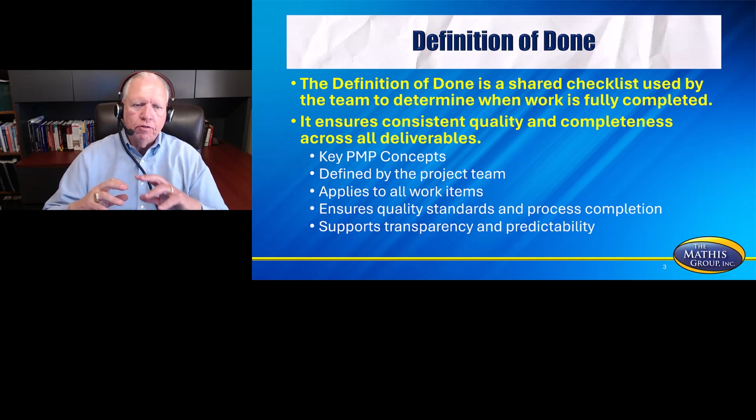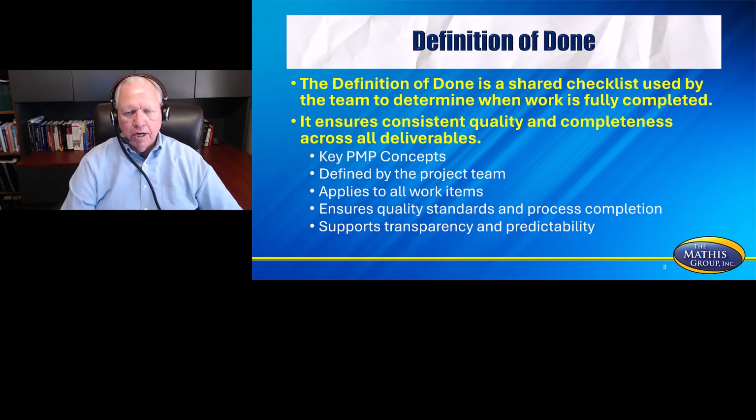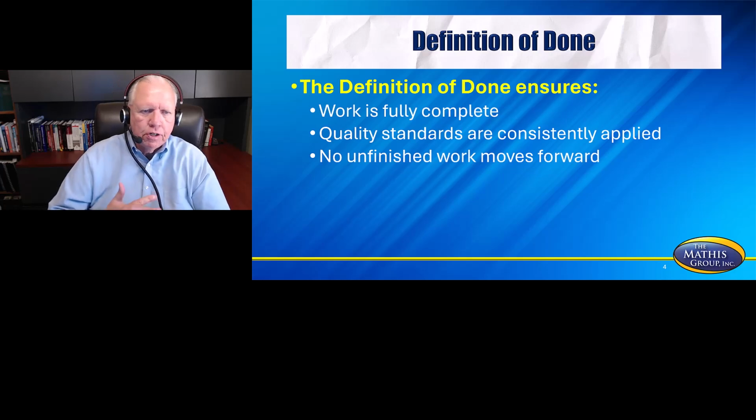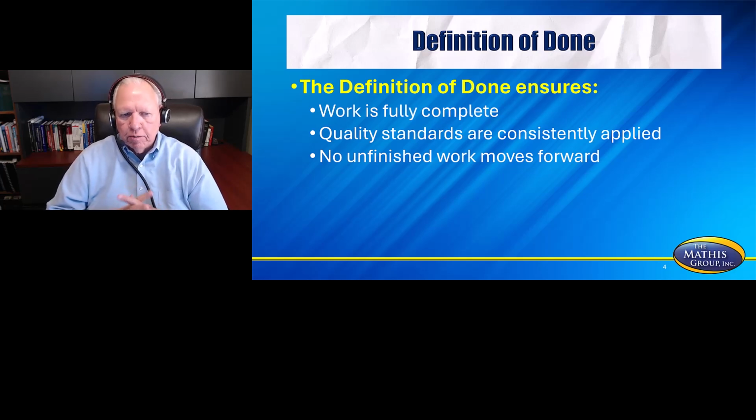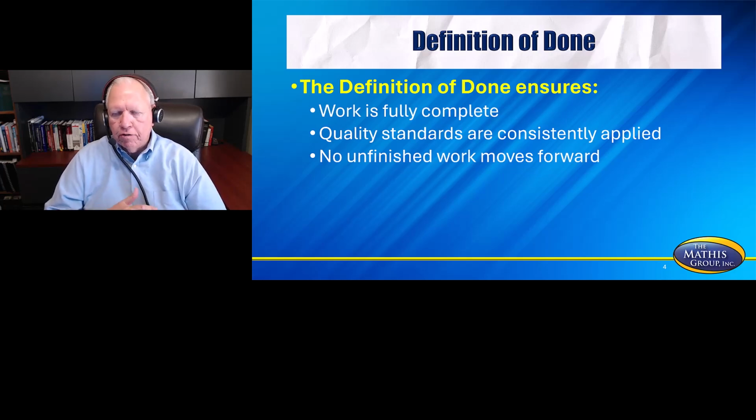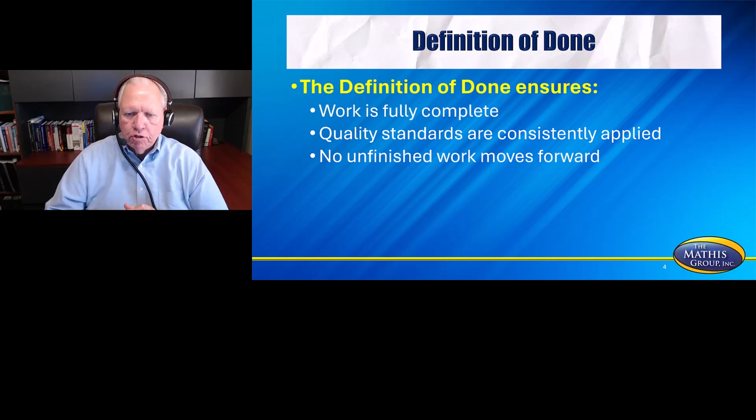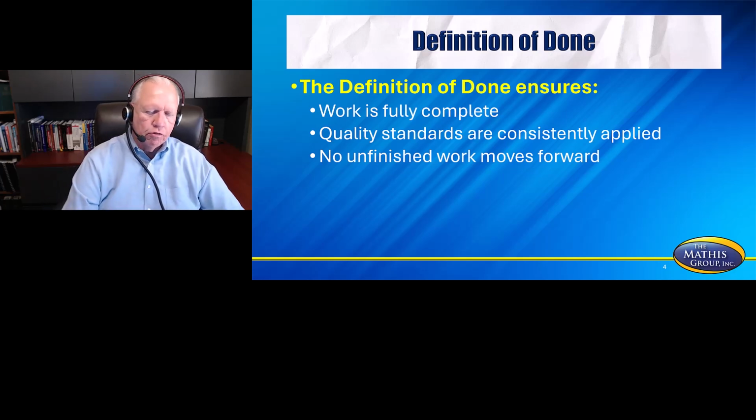Not all of those characteristics will show up in every question, but some of them will show up in that question and allow you to realize they're talking about definition of done. The definition of done ensures that the work is fully complete, quality standards are consistently applied, and no unfinished work moves forward. And so that definition of done is going to anchor all of those three things.